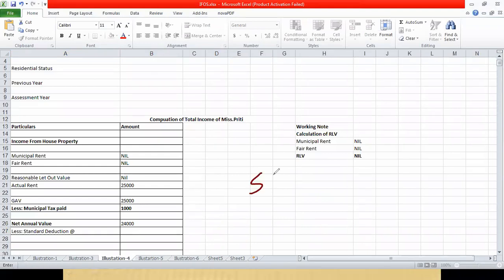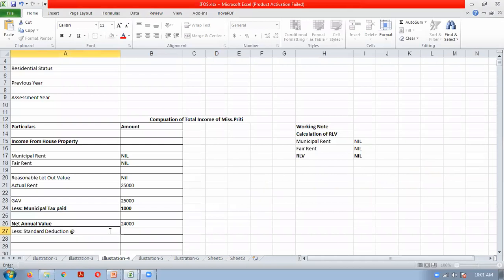Standard deduction for house property is 30 percent of NAV.